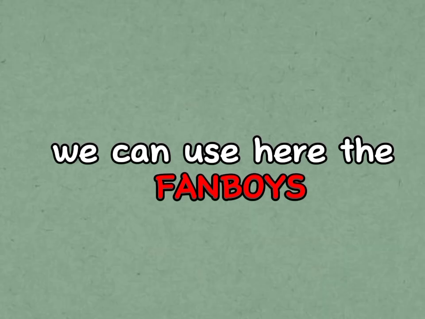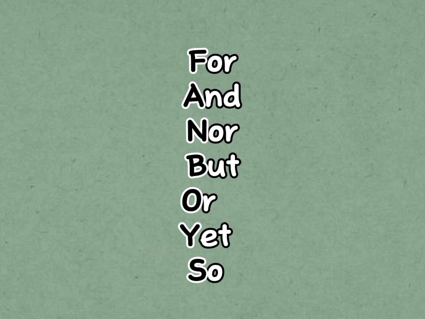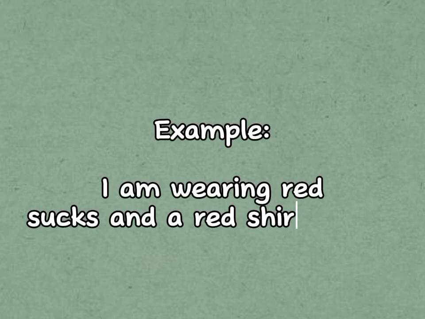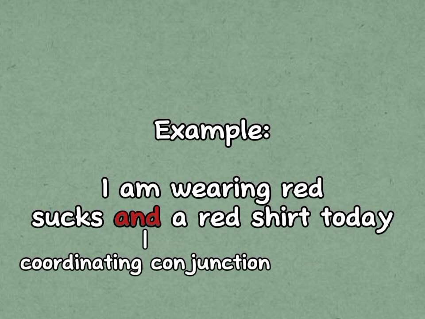We can use here the FANBOYS. FANBOYS stands for for, and, nor, but, or, yet, and so. Example: I am wearing red socks and a red shirt today. In this sentence, our coordinating conjunction is "and."